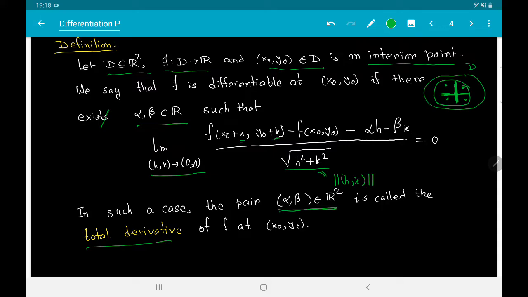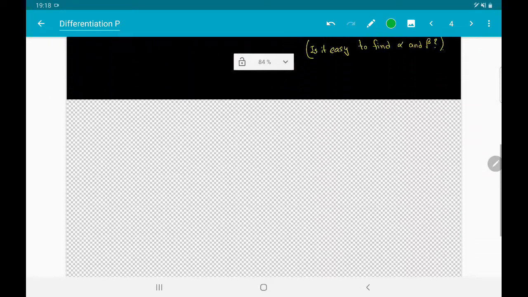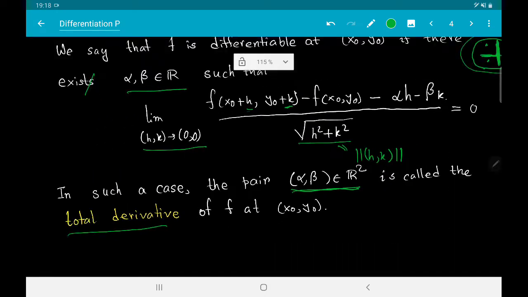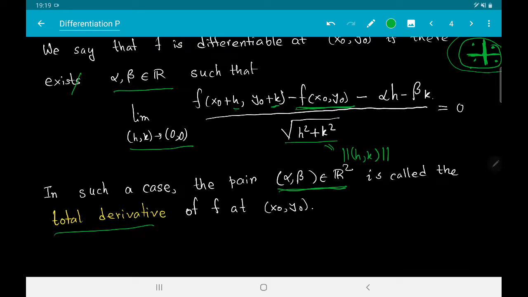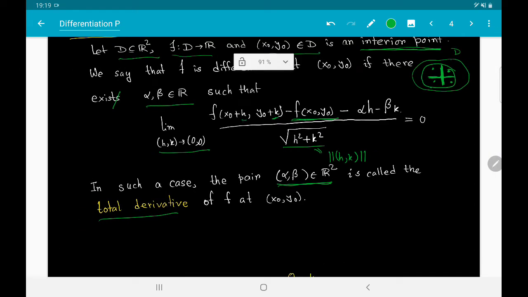So it is needed that this point is an interior point, and also we cannot do away with a point which does not lie in the domain, because we are using the value f of (x0, y0). If it is a limit point which lies outside our domain, we cannot say that f is defined at this point, because it is beyond the domain of the function f.